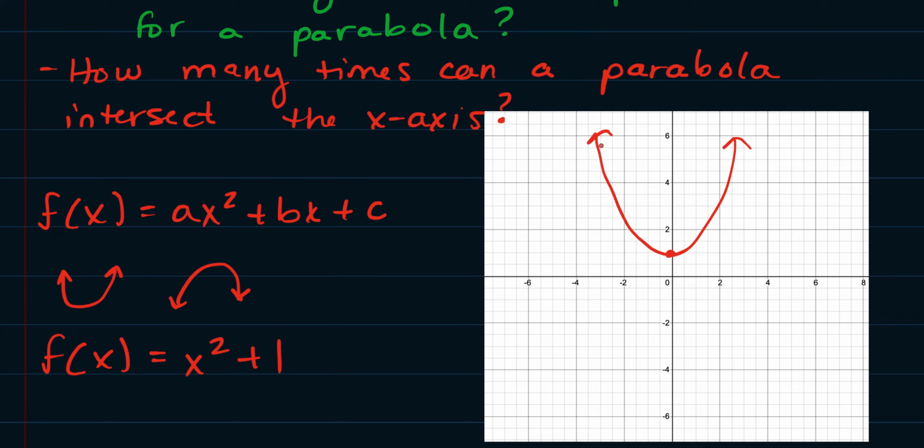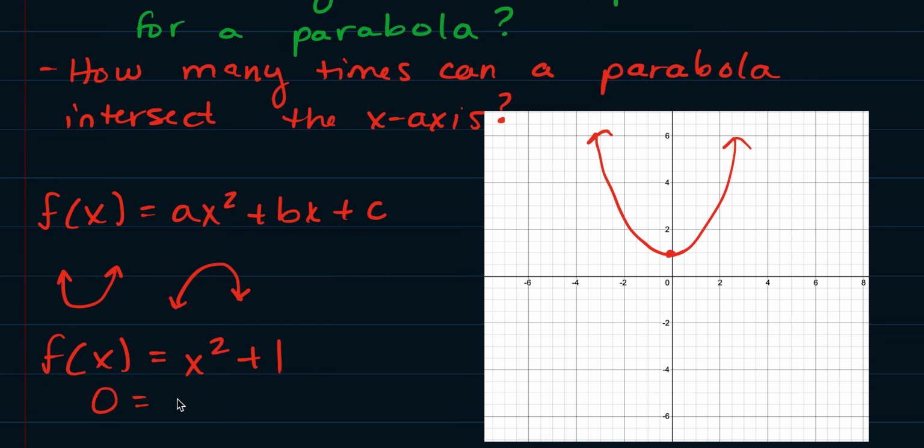You see that this function doesn't even intersect the x-axis. So that tells me that this function is never equal to 0. In fact, you can look at the range of this function. The range of this function is from 1 to infinity. It never crosses this x-axis here. And you can also see this algebraically.